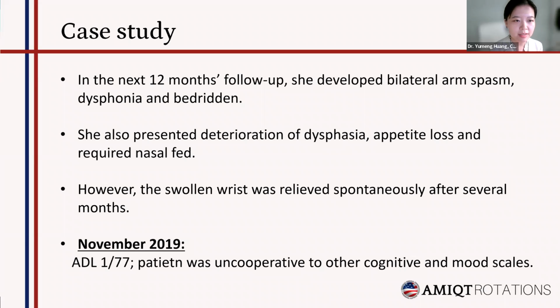She also showed deterioration of dysphagia and appetite loss, and required nasal feeding. However, the swelling of the wrist was relieved spontaneously after several months. One year later, her condition deteriorated greatly, and the ADL was only 1. The other cognitive and mood scales could not be conducted on this patient.